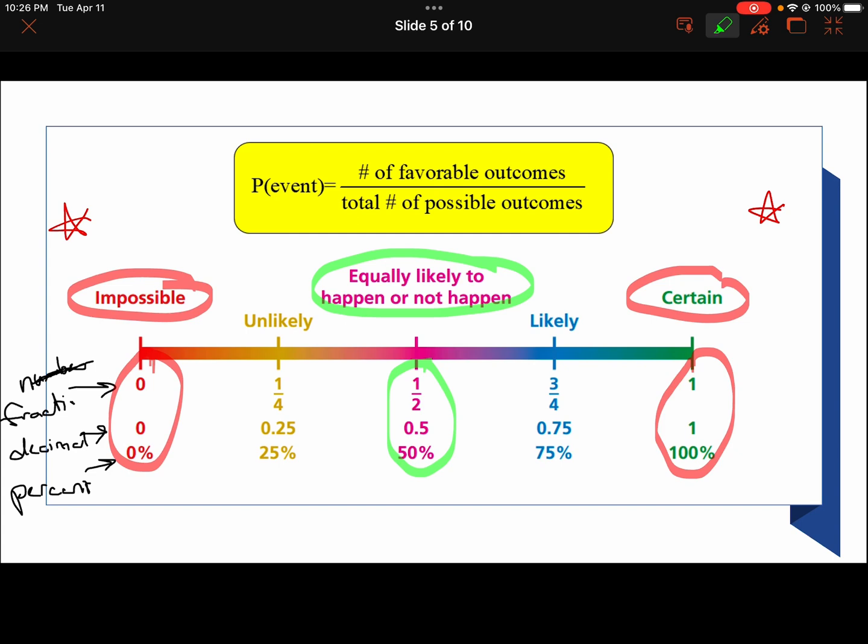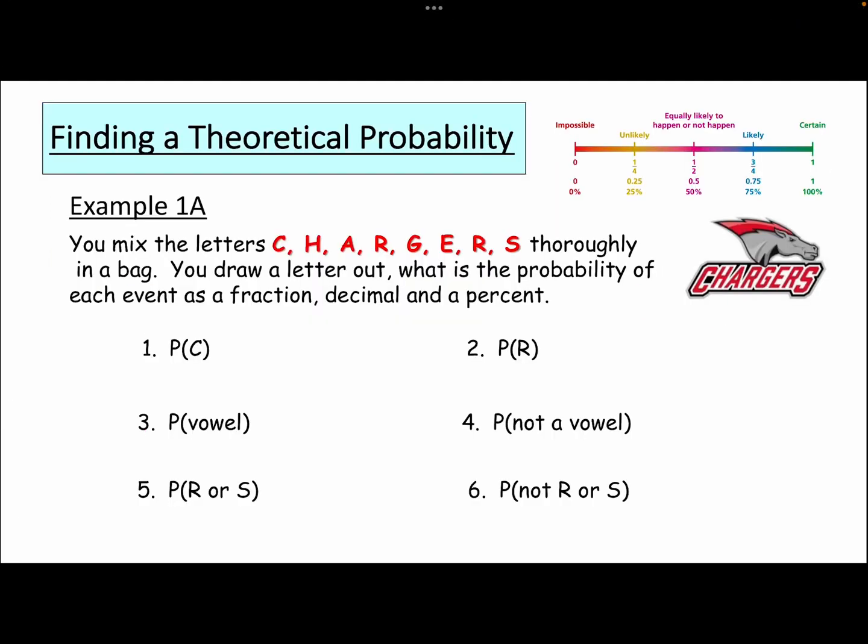The closer you go towards 0, the more unlikely the event is to happen, and the closer you get towards 1 whole or 100%, the more likely. So it's just putting a word to represent that probability.